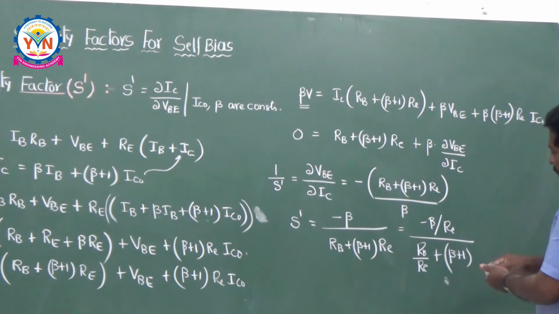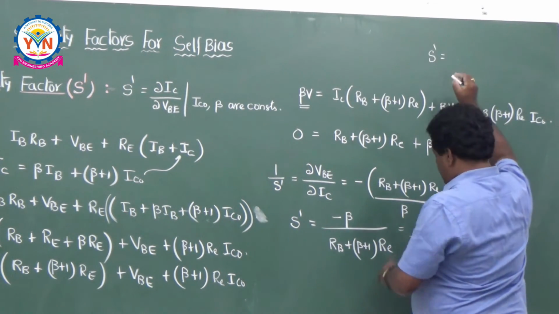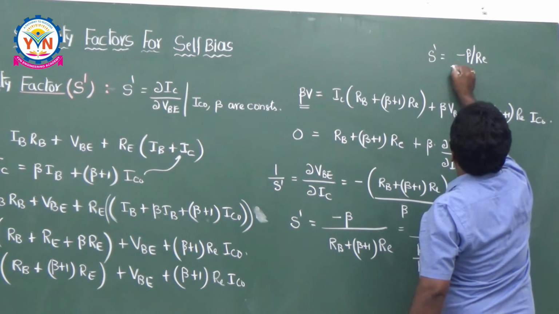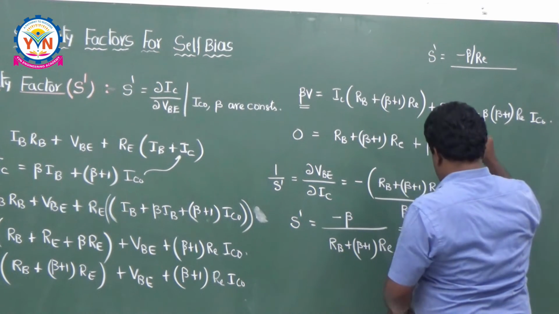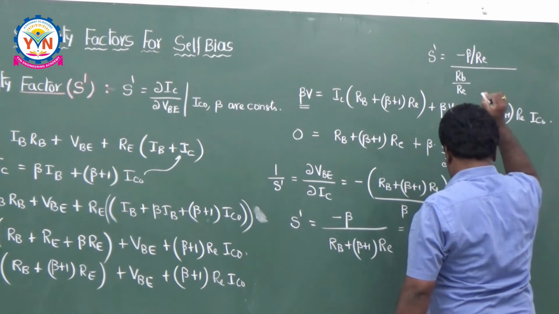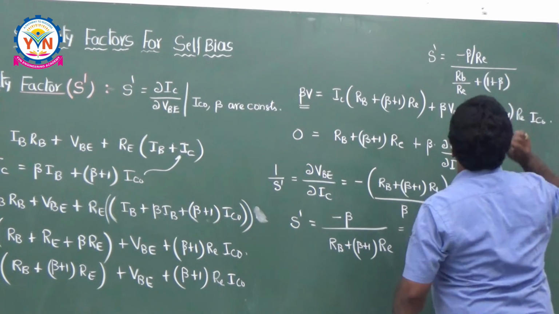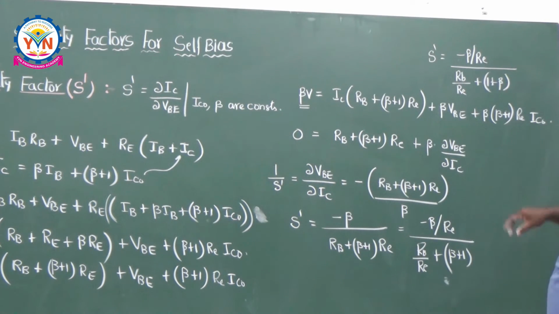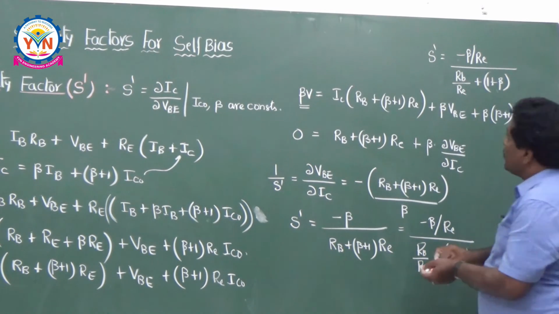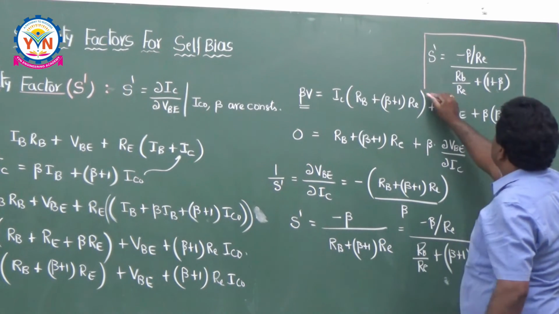Therefore, the stability factor S dash is equal to minus beta by RE divided by RB by RE plus 1 plus beta. I am taking the assumption once again, friends. This is the finalized expression for the S dash.